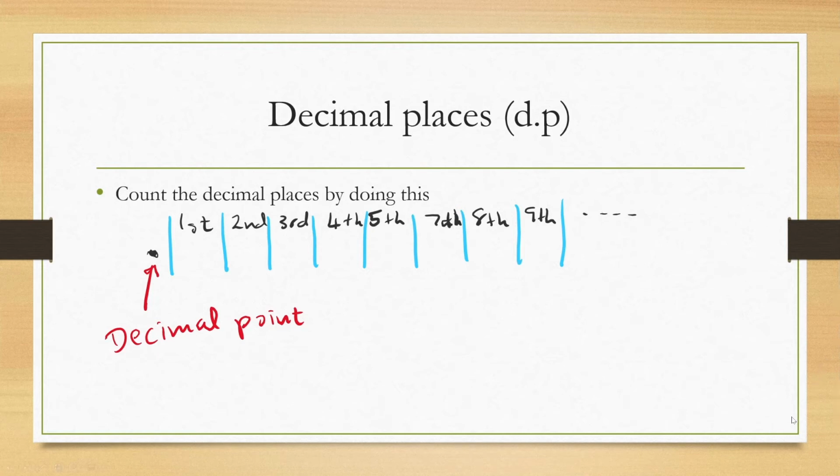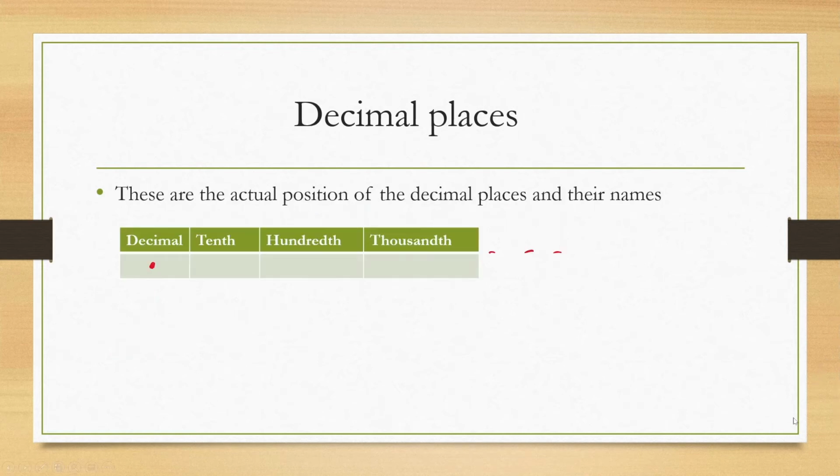Okay, and in the decimal places, there are names for each of those positions. Instead of saying first position, second position, they are actually called the tenths, hundredths, thousandths, which is a little hard to pronounce, and so on and so forth. So these are their actual names.